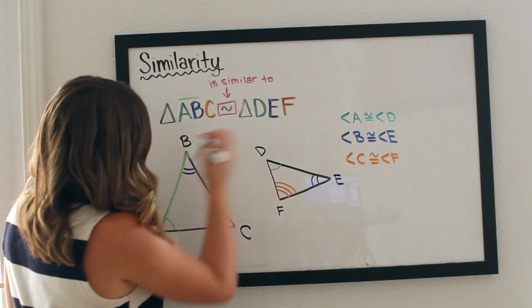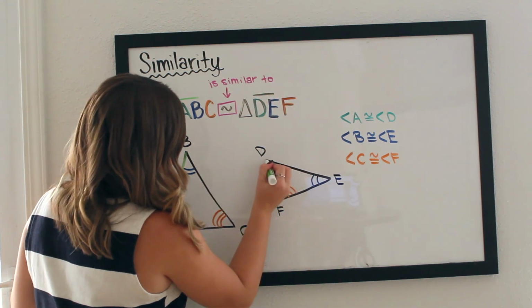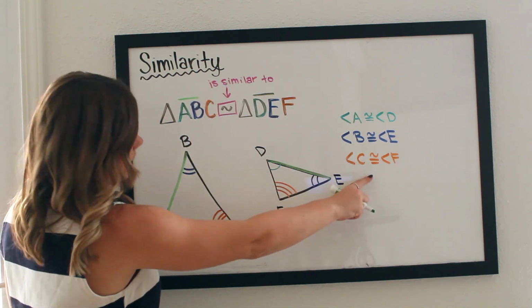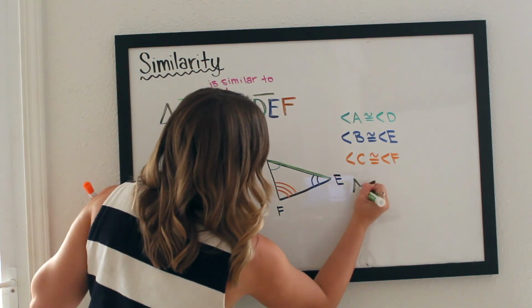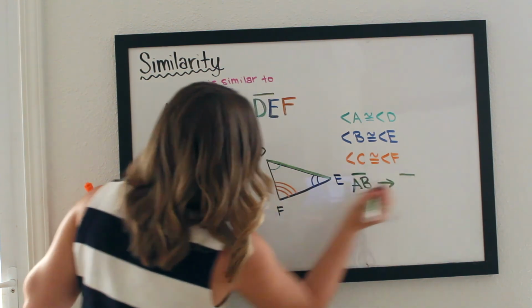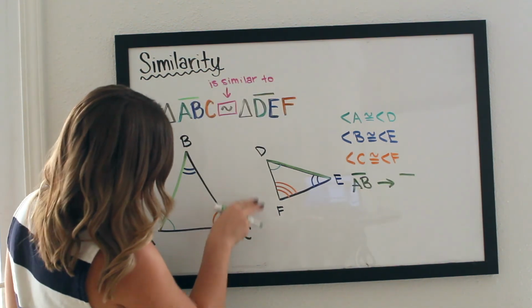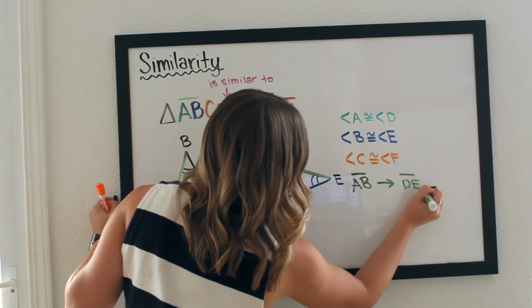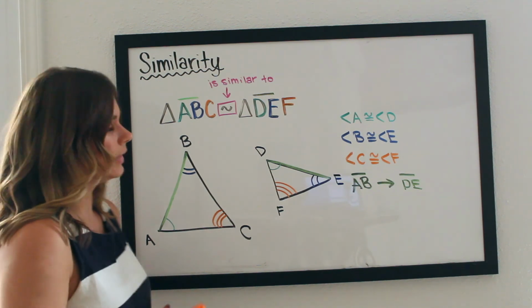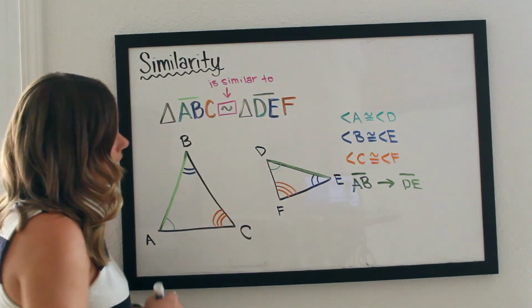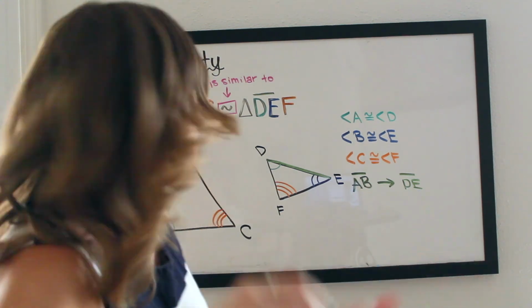which corresponds to DE. So I'm not going to put congruent in the middle, I'm going to put just an arrow. So we have AB, which corresponds to DE. Okay. And then I have my next one. Let's do a different color. We'll do red.